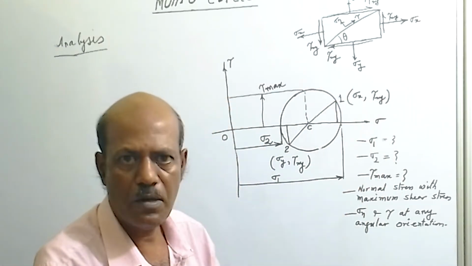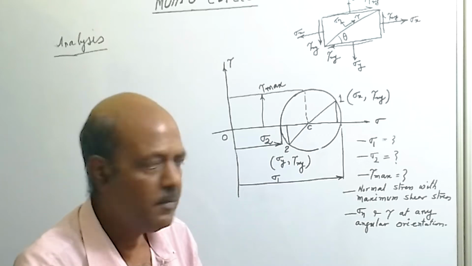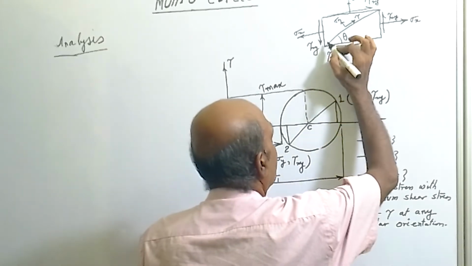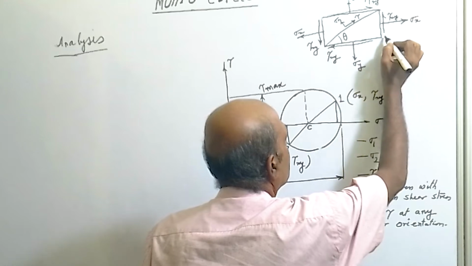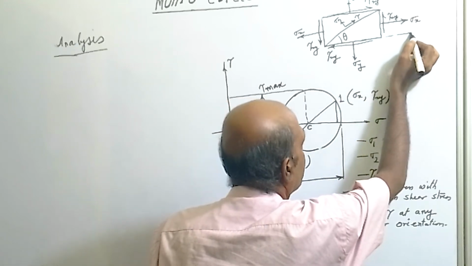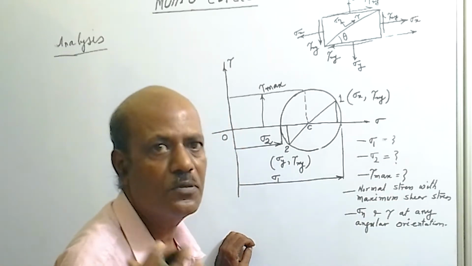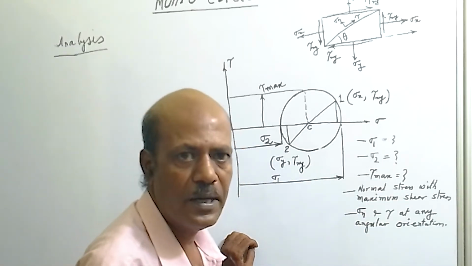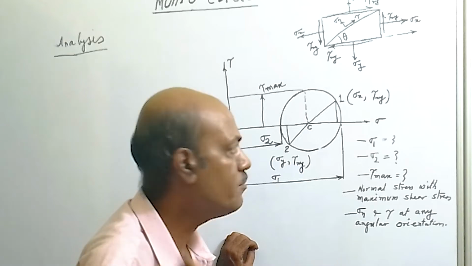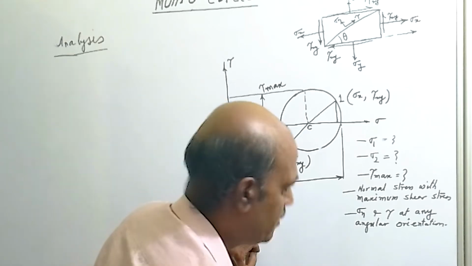This is the most complex stress system, and the inclined plane which makes an angle theta with positive x direction. Okay. Now on this, what should be the condition of sigma n and tau? So we have seen all these things.